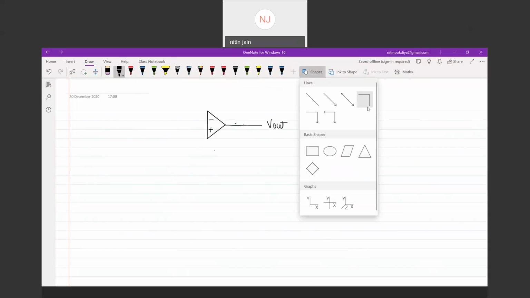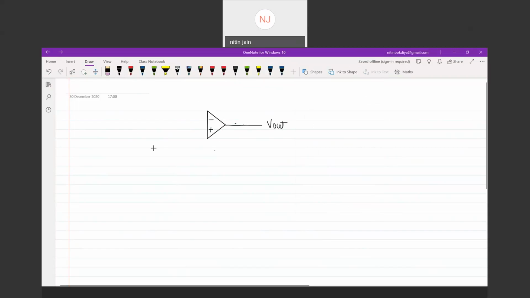One input is connected to this, so let's take this as my input which is connected to the op-amp. This is V in.